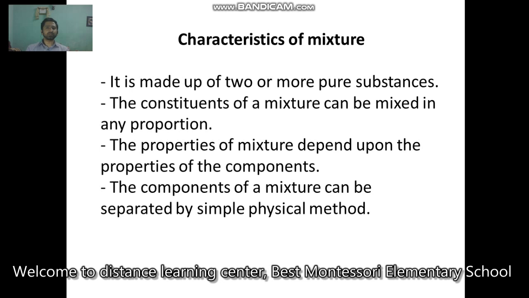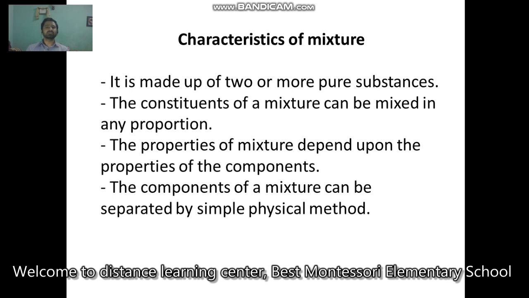A glass of water and a spoon of sugar, if we mix them, is a sugar solution, a mixture of sugar and water. Similarly, a bucket of water and just a glass of sugar is also a solution. If we compare those two cases, the constituents of the mixture can be in any proportion.